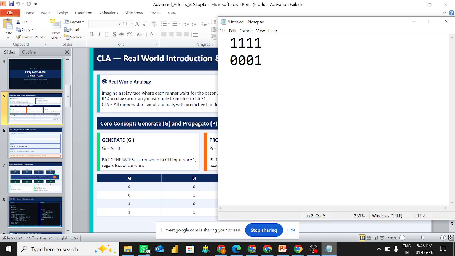What are the input A bits? 1 1 1 1, right? What are the input B bits? 0 0 0 1, right?